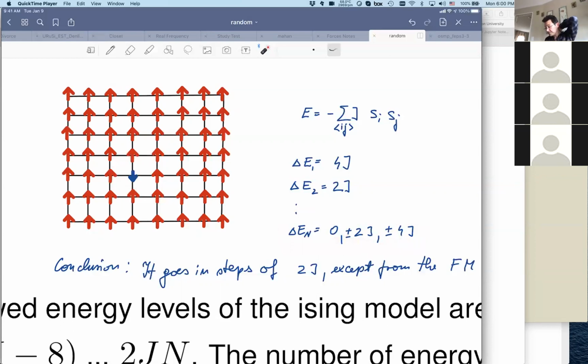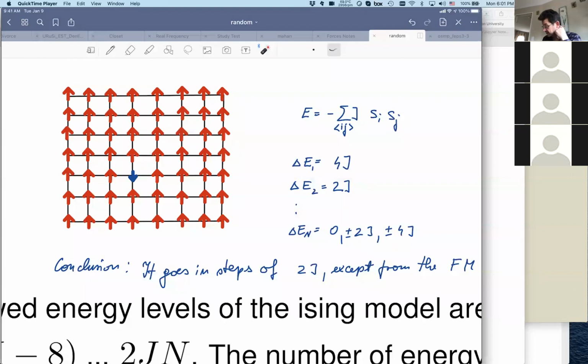Now, from this, it's kind of obvious to see that the steps in total energy are going to go in units of 2J. So the energy levels will be kind of uniform from maximum to minimum. The maximum is very easy to calculate, the minimum is very easy to calculate, and the steps are supposed to be 2J. The only exception to that rule is the first excited state out of the ground state. It turns out it has a little gap.